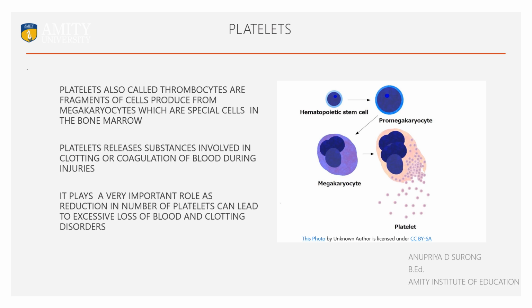These platelets are also called thrombocytes, are fragments of cells produced from megakaryocytes, which are special cells in the bone marrow. Well, platelets releases substances involved in clotting or coagulation of blood, especially during injuries. Therefore, it plays a very important role, as reduction in number of platelets can lead to excessive loss of blood and clotting disorders.